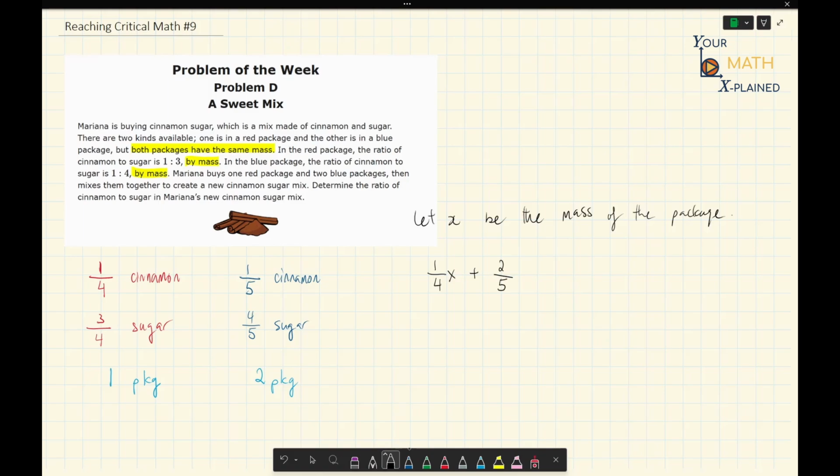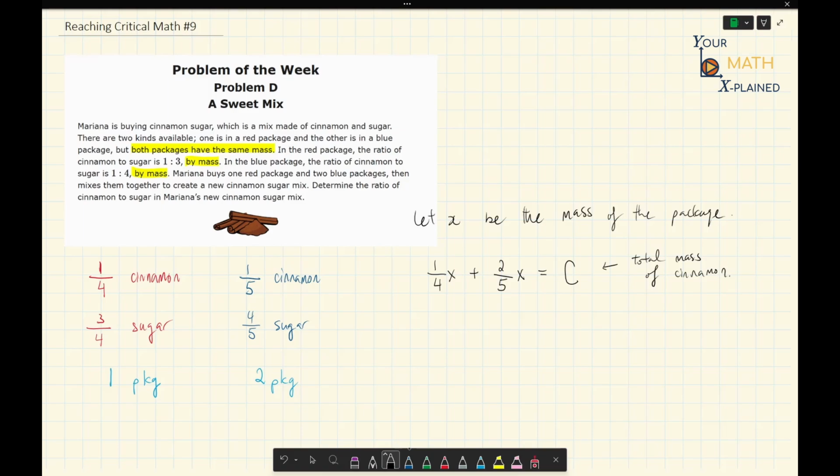So I'm just multiplying that fraction by 2. And because it's the same mass, it would also be multiplied by x. This will give me C. And what does this C actually mean? Well, C obviously is related to cinnamon, but specifically, this is the total mass of cinnamon.